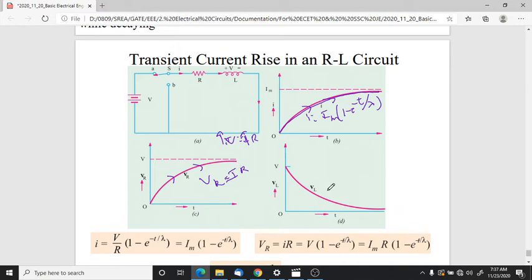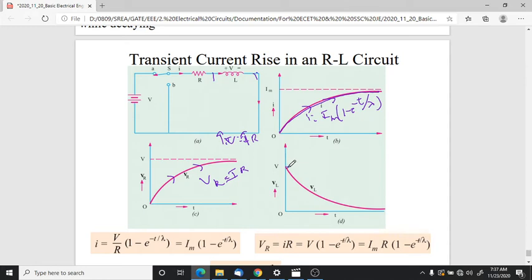Okay. Now what is the voltage across the inductor? Because of the inductance property, at the zero condition, at the zero point, the current is zero. When the current is zero, what is the voltage across the inductor? The voltage across the inductor will be maximum. It is the same as the supply voltage that will come across this inductor.